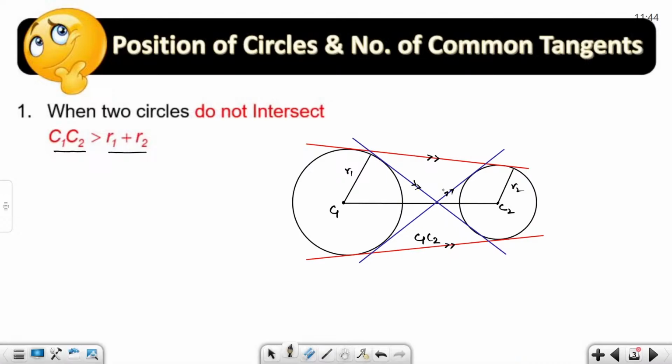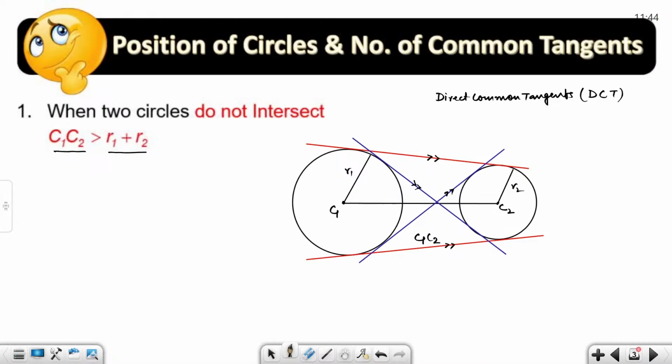These are the four common tangents, and they have particular names. These red lines are called direct common tangents, and we will say it as DCT.